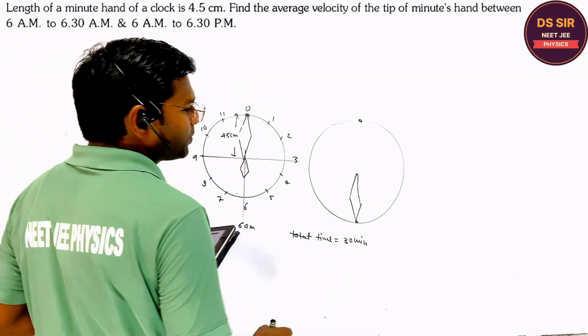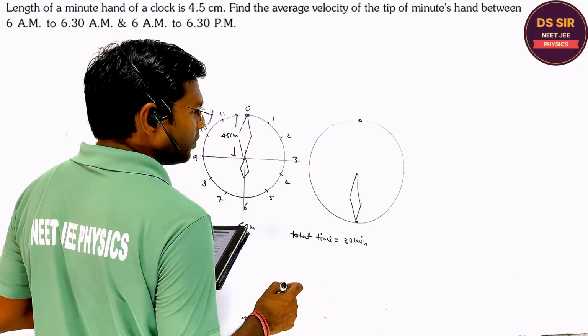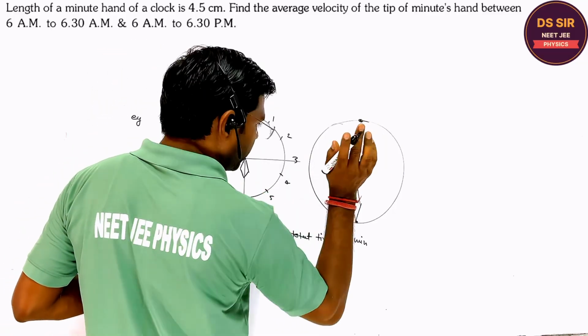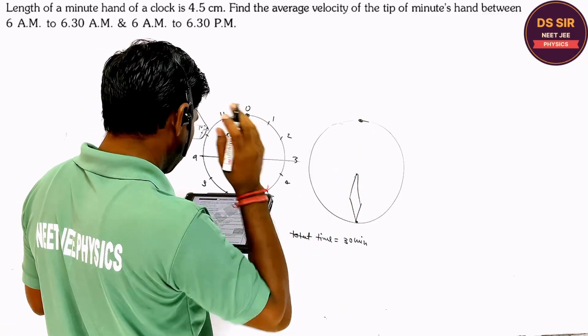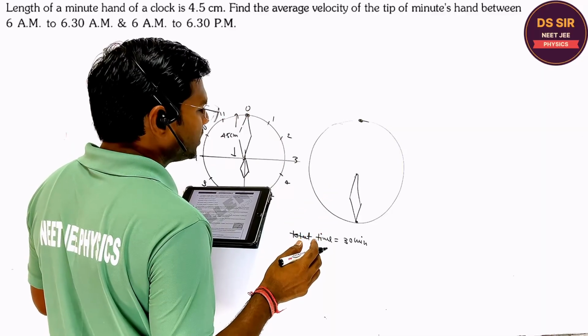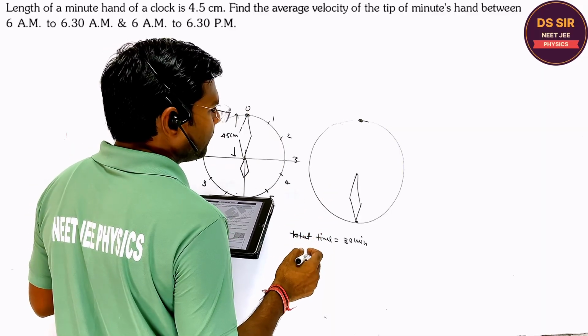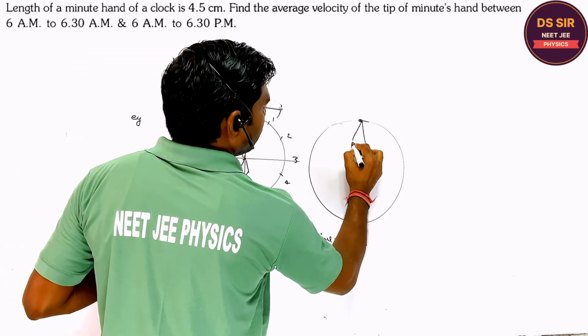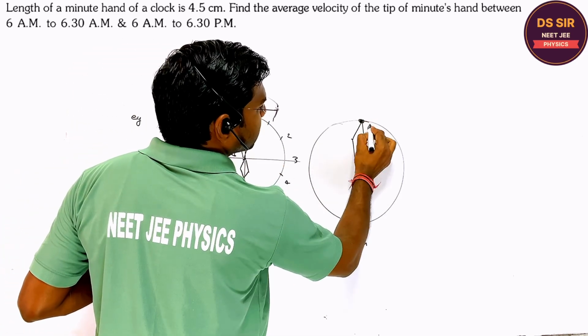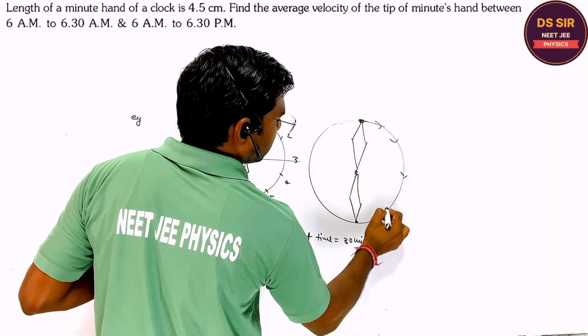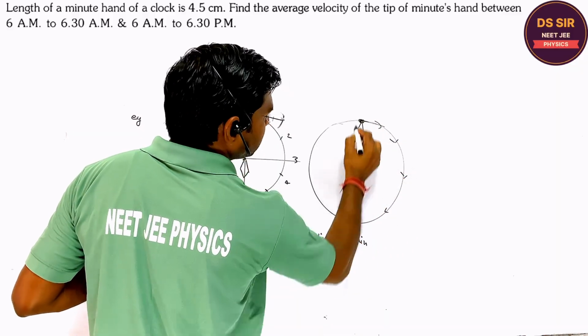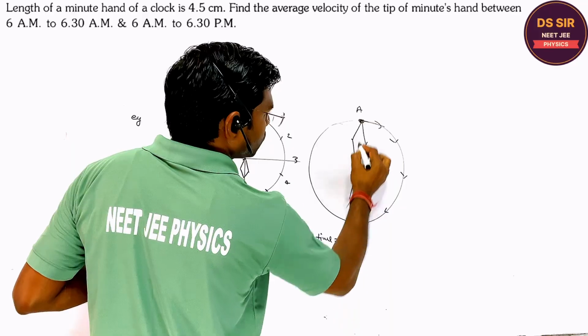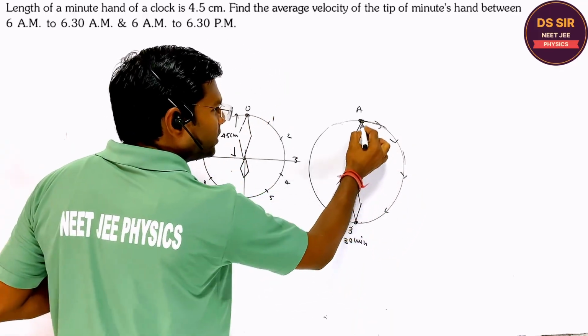And what is the displacement? Because we have to find the average velocity. Yes, 2r, right. Because initially the particle is at this point, then moves along the semicircle, reaching from A to B. So this is the distance covered, and this is what?